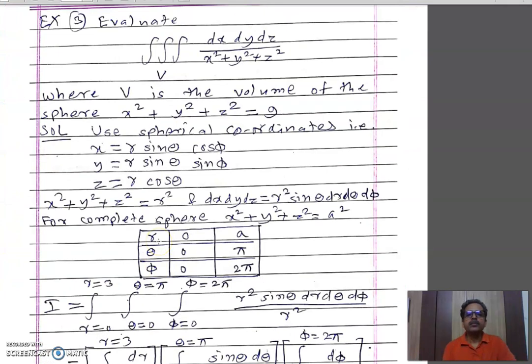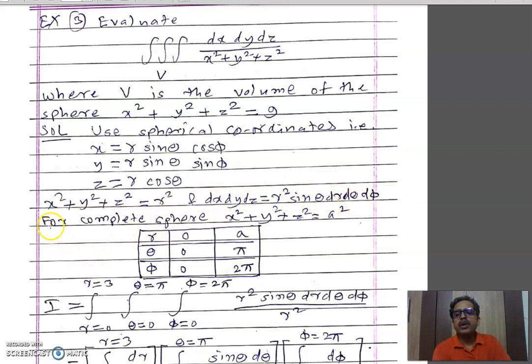Let's see an example which is based on spherical polar coordinates. Evaluate this triple integral where V is the volume of the sphere x square plus y square plus z square equal to 9. Here we use spherical polar coordinates, that is, we have to use these three equations along with x square plus y square plus z square equal to r square and dx dy dz equal to r square sin theta dr d theta d phi.